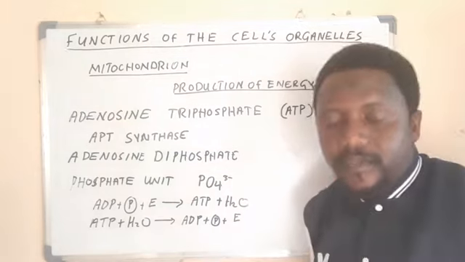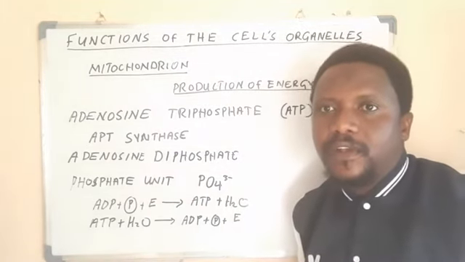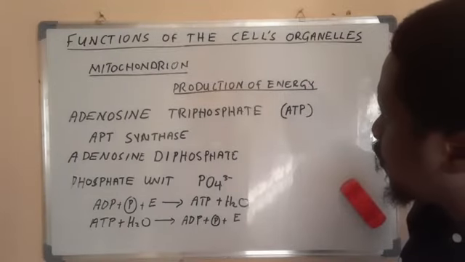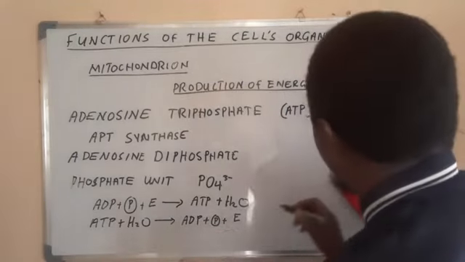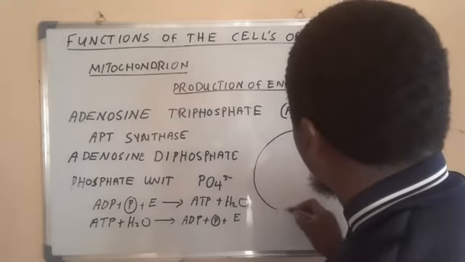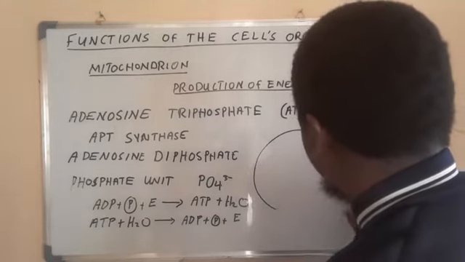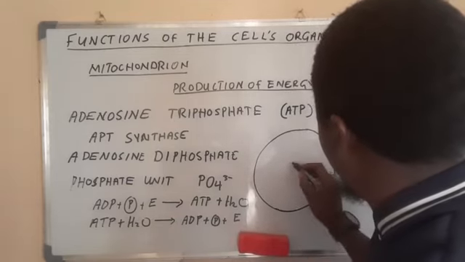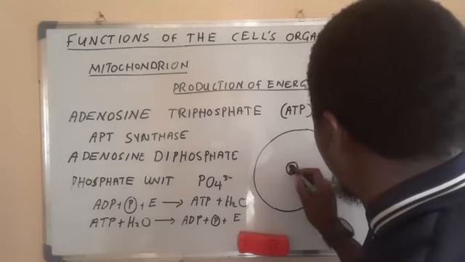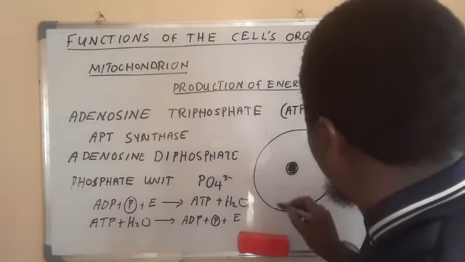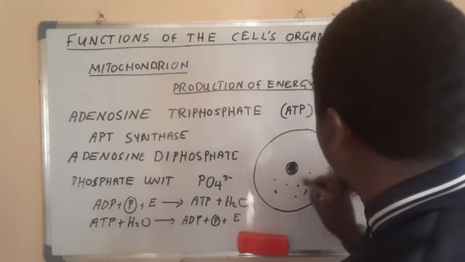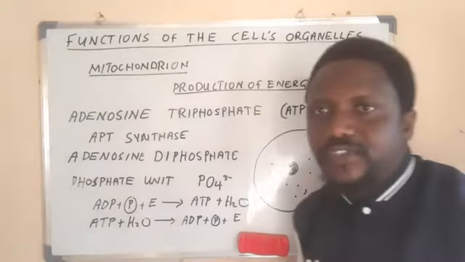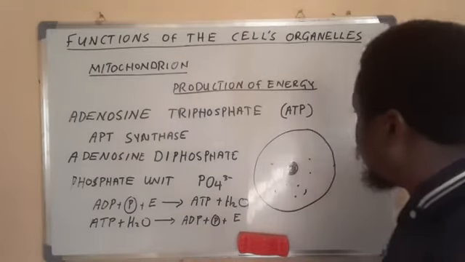So let us have a look at the greater detail of how energy is produced, because energy is produced not only inside the mitochondria. You know, we have a cell here, nucleus at the center, with some other organelles, mitochondrion, Golgi apparatus, rough endoplasmic reticulum, and so on and so forth.